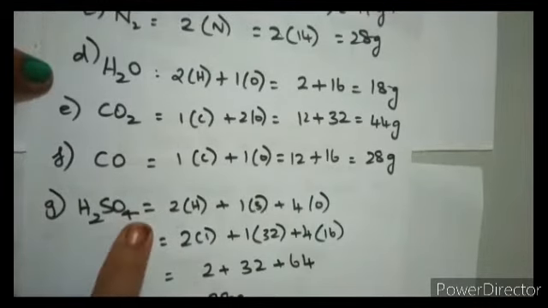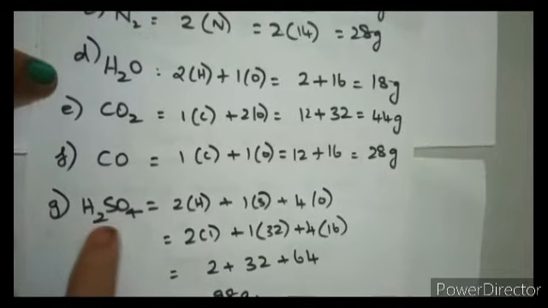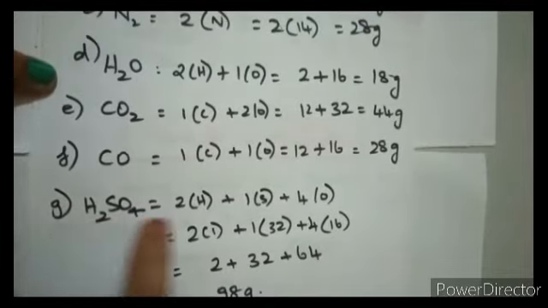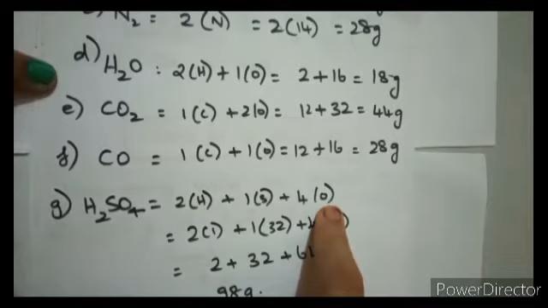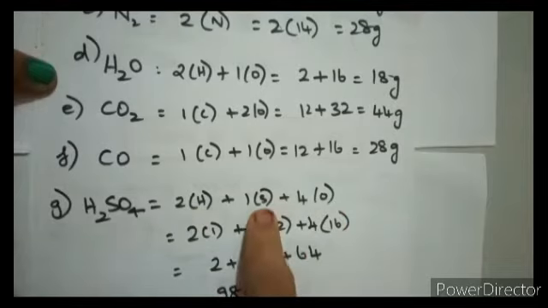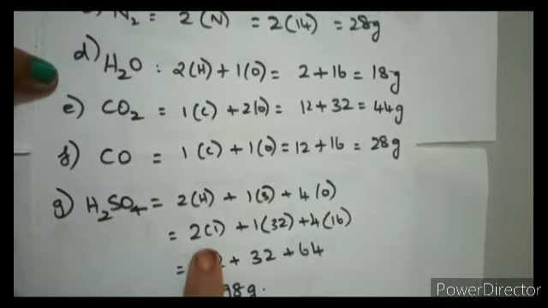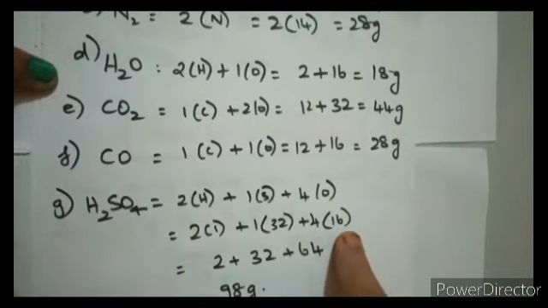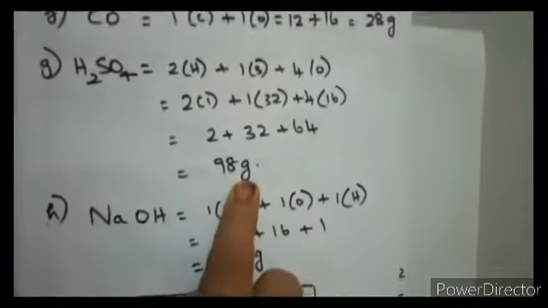It is called the king of chemicals. When you calculate the molecular weight, you first break it into the number of atoms present: 2 hydrogen, 1 sulfur and 4 oxygen. According to the atomic weights, it is 2 into 1, 1 into 32 and 4 into 16 put together. So that comes to 98 grams.